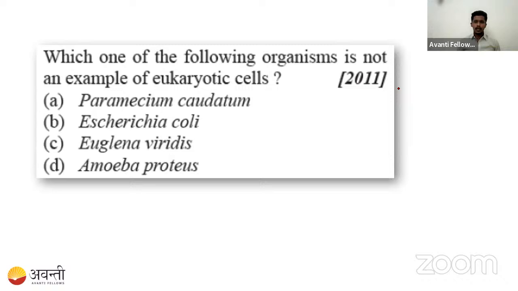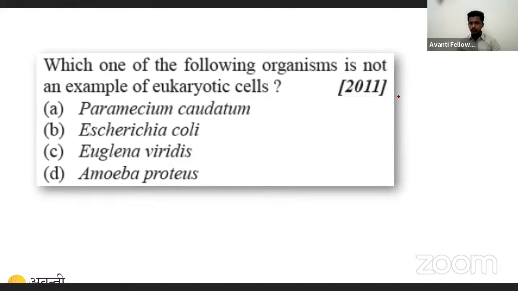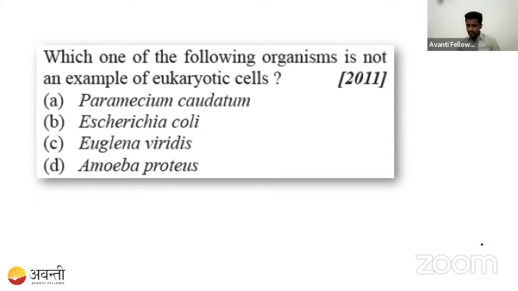Which one of the following is not an example of a eukaryotic cell? Did you get the answer right? Okay, I will end the quiz because it's an easy question.